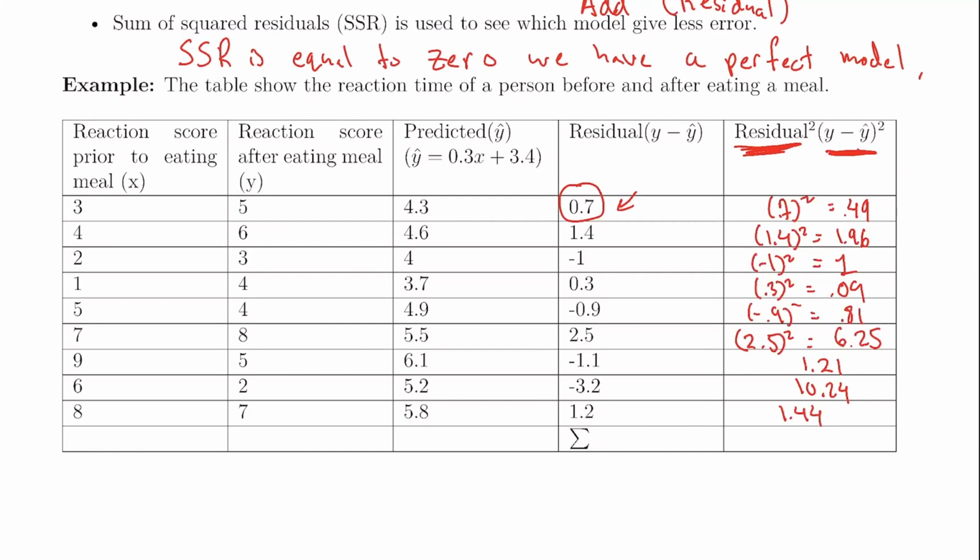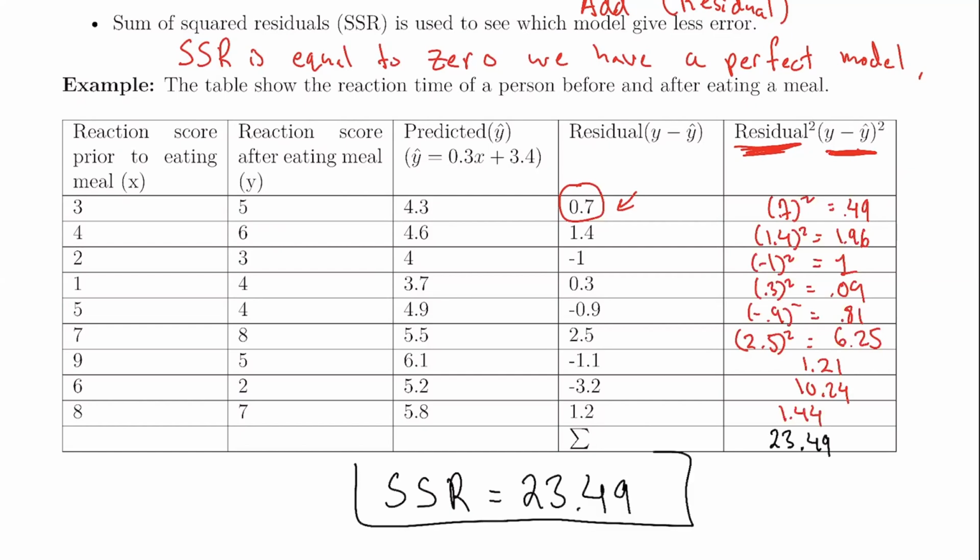So we got 23.49. So we'll say sum of square residual is equal to 23.49. And that's it for how to calculate sum of square residual.